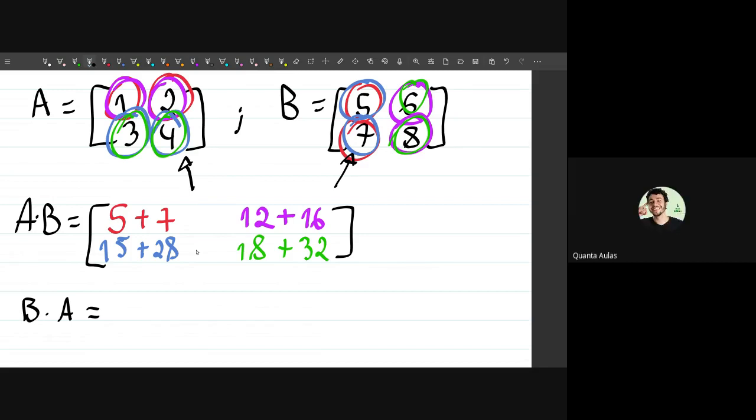So the terms of the line multiply the terms of the row, the two terms of the line, the two terms of the row. You can try again, but this time B times A, the inverse. Take your time.